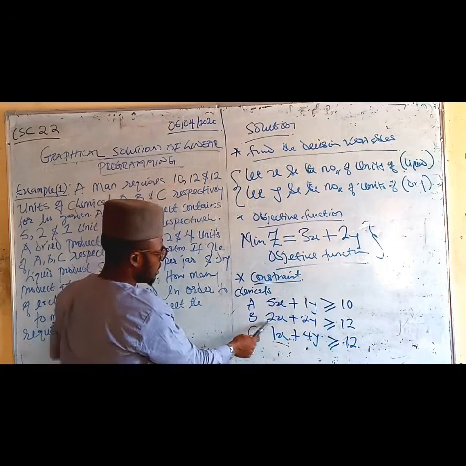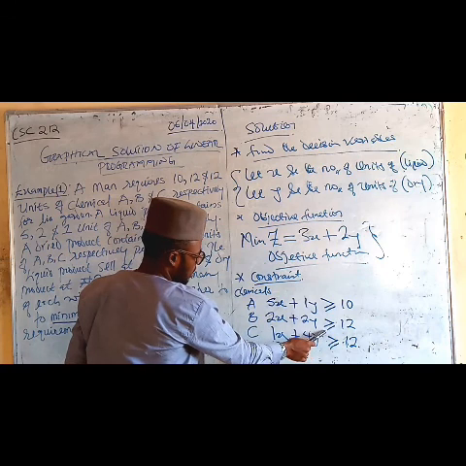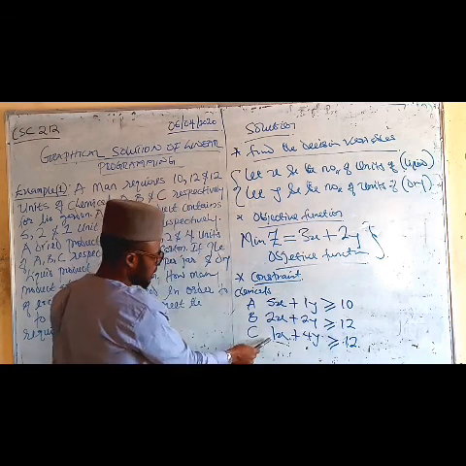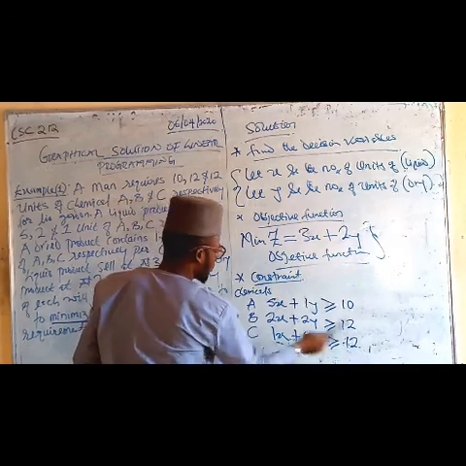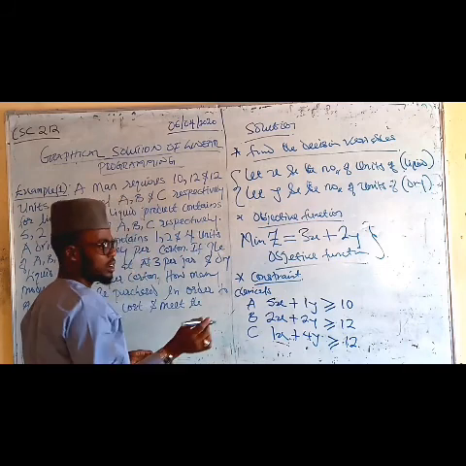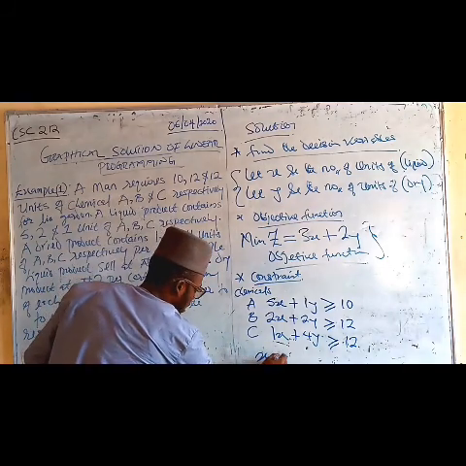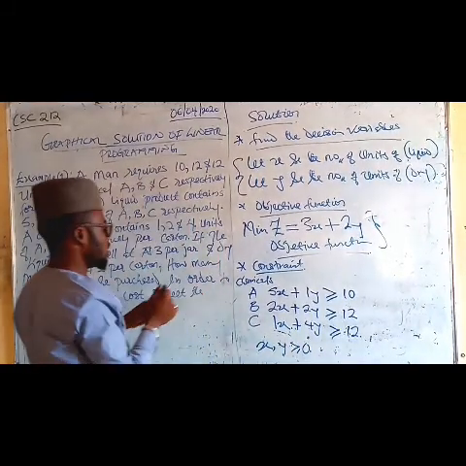For chemical B, 2x plus 2y is greater than or equal to 12. Then for chemical C, 1x plus 4y is greater than or equal to 12. And then remember, non-negativity: x and y are greater than or equal to 0. That is the non-negativity function.